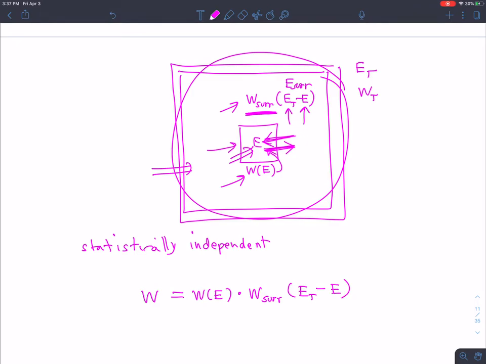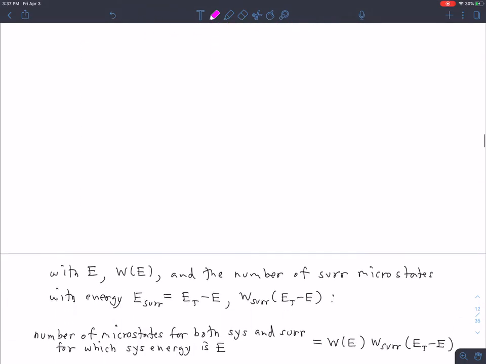So when we change the value of E, we're changing both terms in that product.